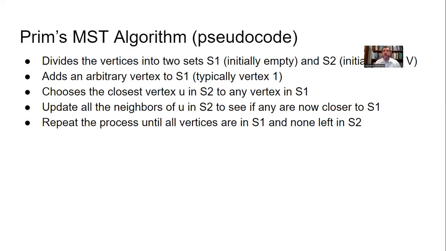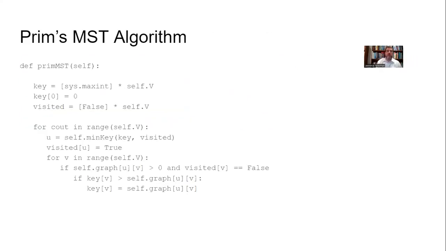The answer is we take the vertex that is closest to something in the first set. So we take something from set 2, S2, that is closest to something in set 1. Initially, set 1 doesn't have anything, so it doesn't really matter which one you take. But subsequently, you always take the smallest. That's where the greedy strategy comes in.